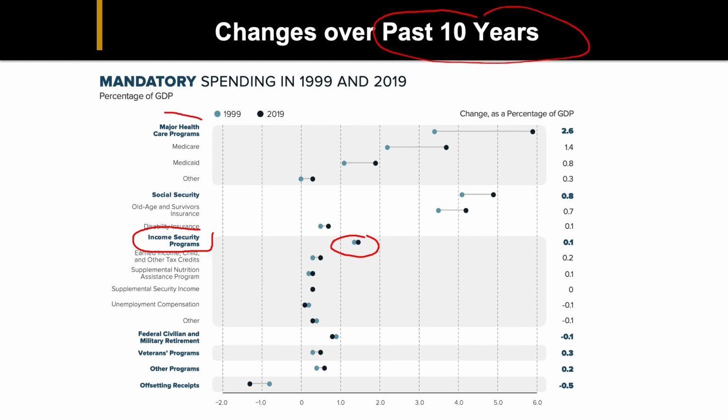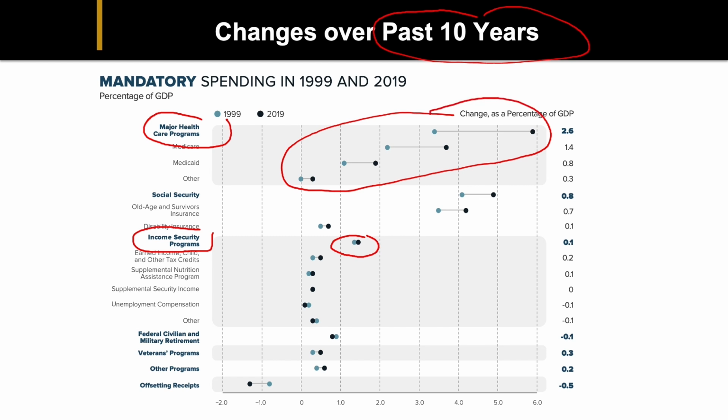But other things, major healthcare programs, have all grown significantly over the last 10 years. The spending as a share of GDP, particularly on things like Medicare and Medicaid, has been really significant.